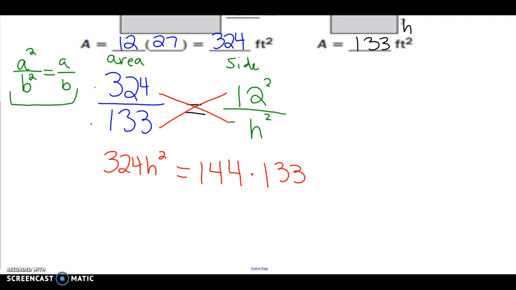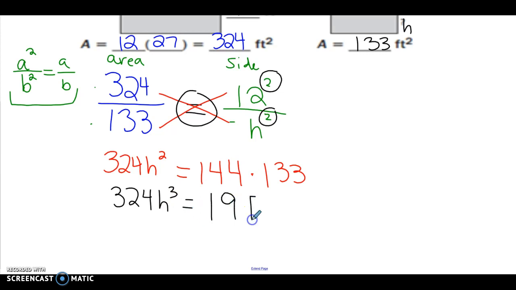Why is 12 squared? Because it's our side length one. Okay, so now we need to take our 144 times 133. That's 19,152. And that should be an H squared.